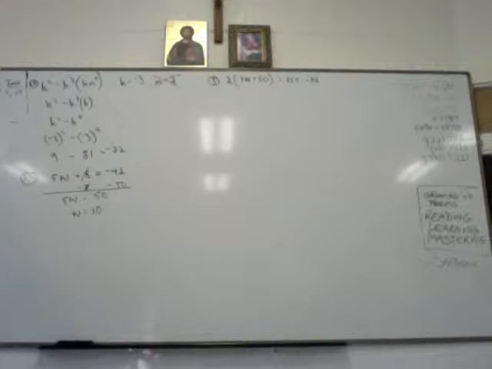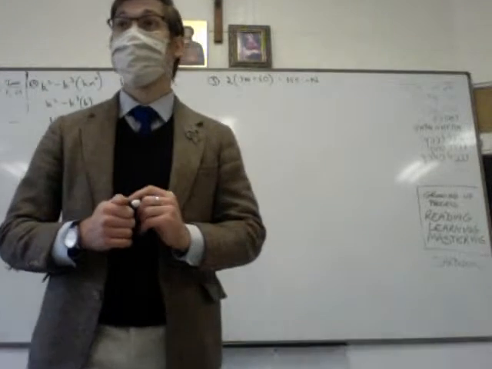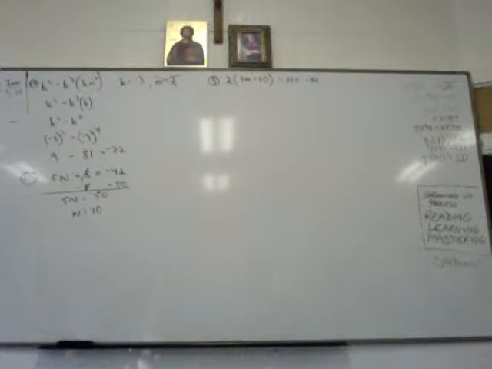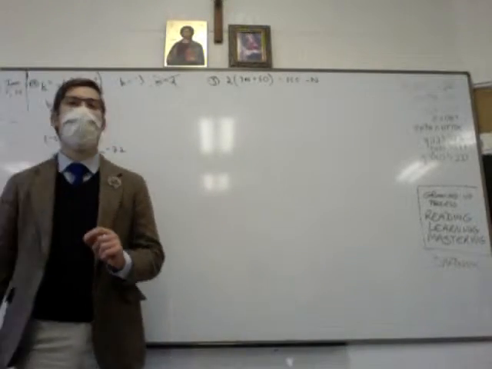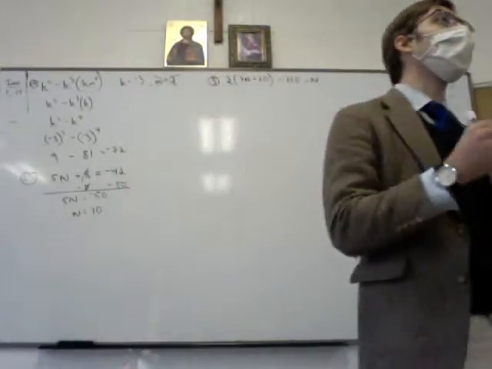Now, we have to take this one step at a time. Read from the beginning. Twice the sum. Twice means what? 2 times. 2 times what? The sum. That means we're taking some sum.